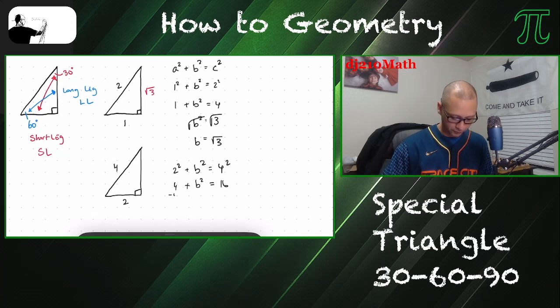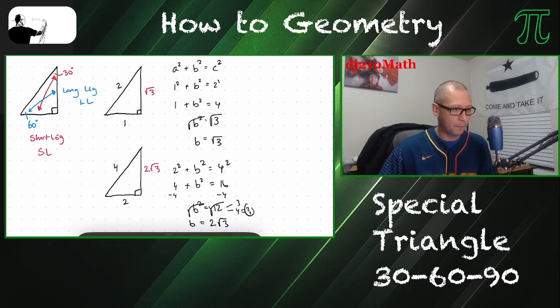We're subtracting 4 from both sides of the equation. b squared is equal to 12. Taking the square root, b is going to be equal to root 12. 12 is really 4 times 3, so the 4 is going to come out as a 2, because 4 is a perfect square. So b is going to be 2 root 3.